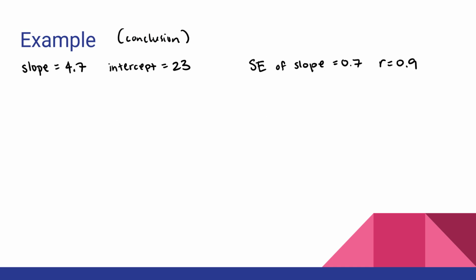So here we have some practice for how to conclude. Let's say that we have just finished step 3 and we got this information from the calculator. So we got the slope, we got the intercept, we got the standard error of the slope, and then we got the r value.